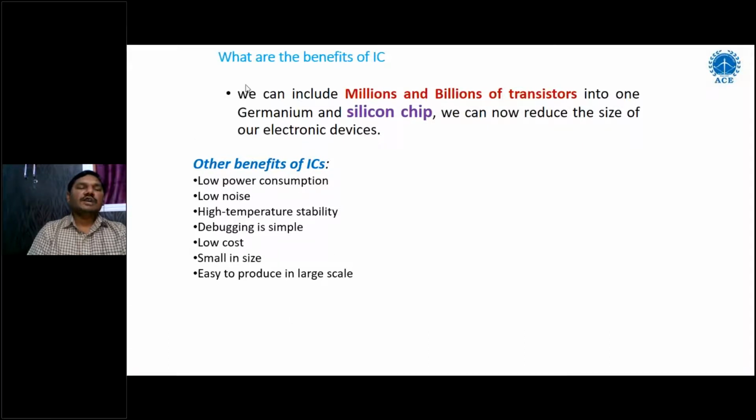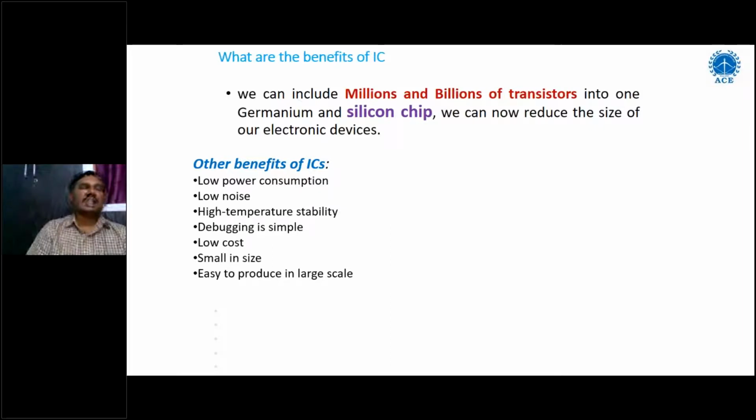When we have all these benefits, we can fit millions and millions of transistors on a single chip or IC.